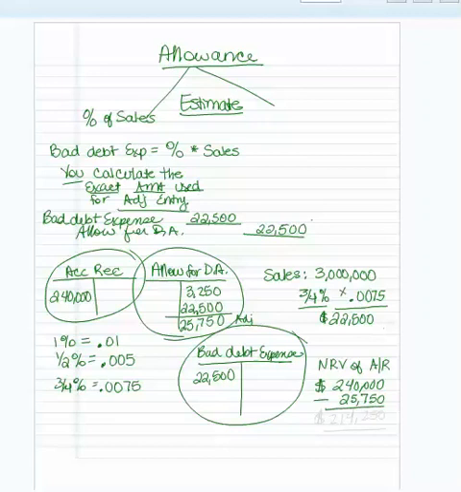It's $240,000 minus $25,750. $214,250. That is the net realizable value of your accounts receivable using which method? It's the allowance method, and then to use the estimate, we use the percent of sales method.